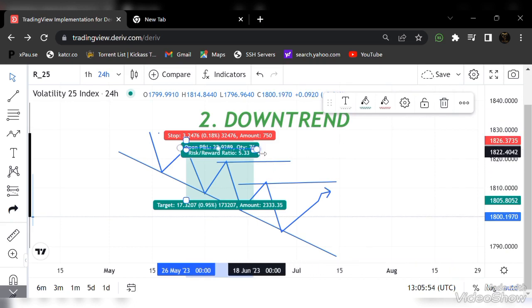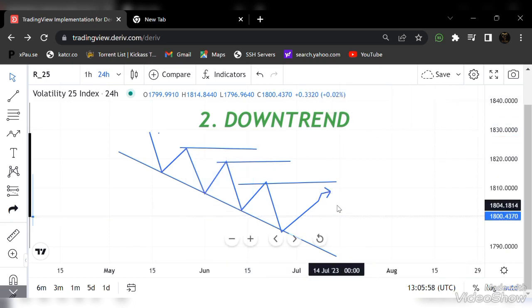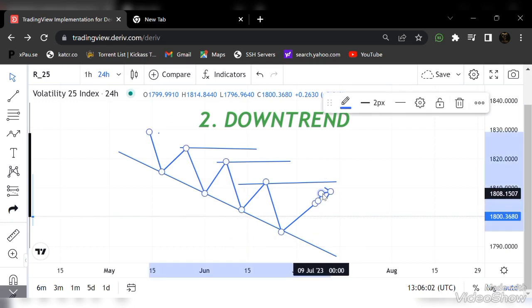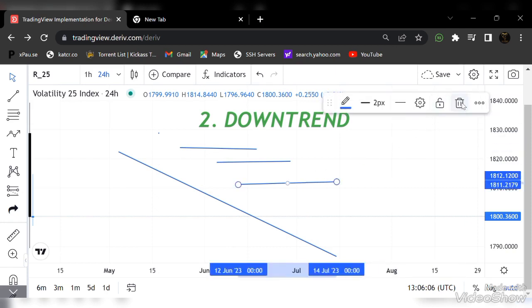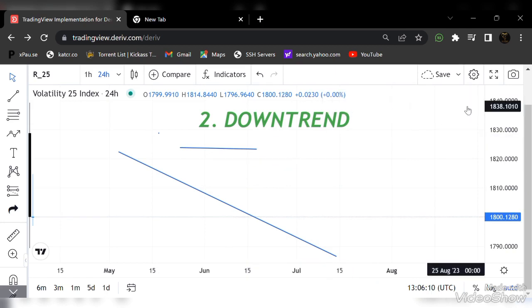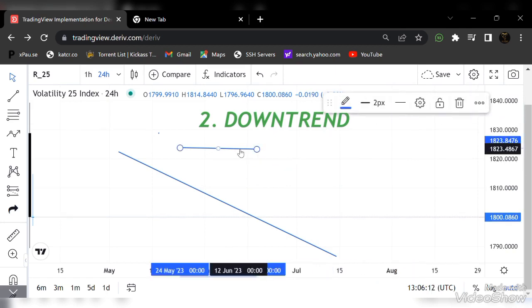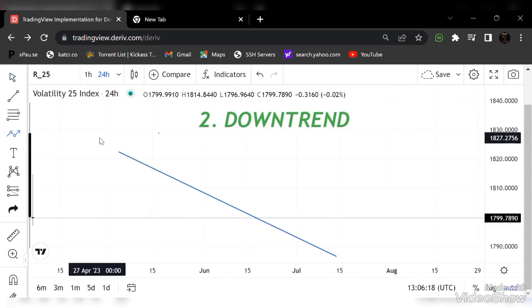So how do we identify that the market has lost momentum? You can simply identify that the market in a downtrend has lost momentum, it is now looking very bullish.